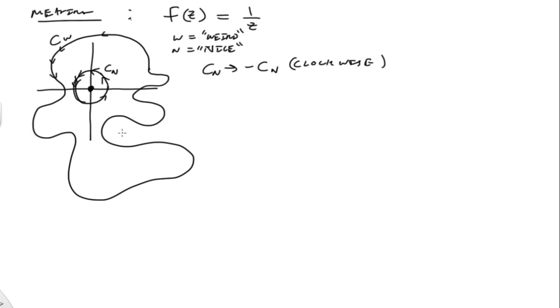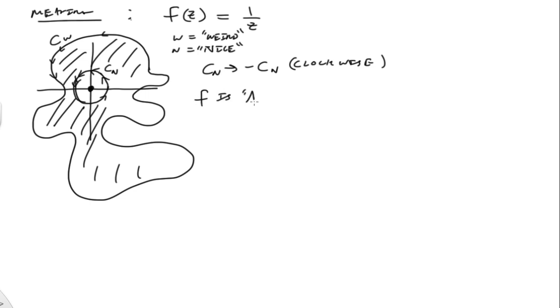right? And first of all, everywhere in this domain, including the boundary itself, f is analytic on the domain outside C_N and inside C_W, of course, kind of trivially so, right?